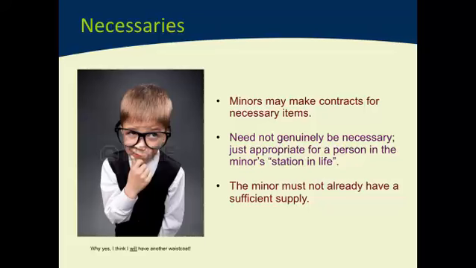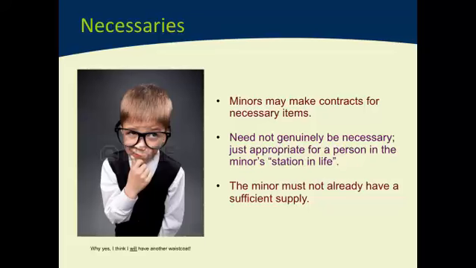We know it's not going to be void because we know that minors can make contracts because they can go and buy a can of Coke or an ice cream at the tuck shop. So we know that a contract with a minor is not void. The starting position is that it's voidable. It can be enforced by the minor, but not by the other party.